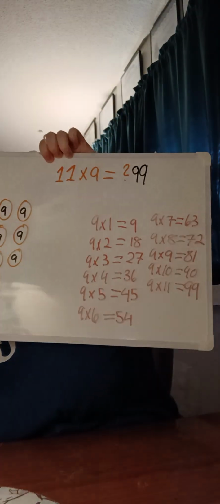Someone messed that up. 9 times 9 is 81. 9 times 10 is 90. And 9 times 11 is 99. So if you don't know your 11s, you can do it by 9s. But 11 times 9 is 99.